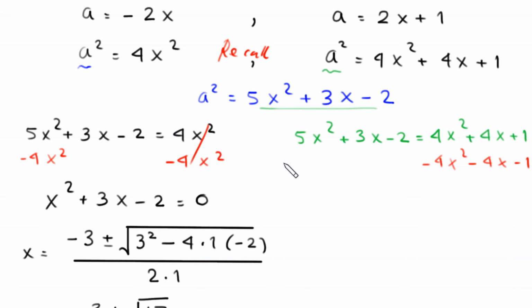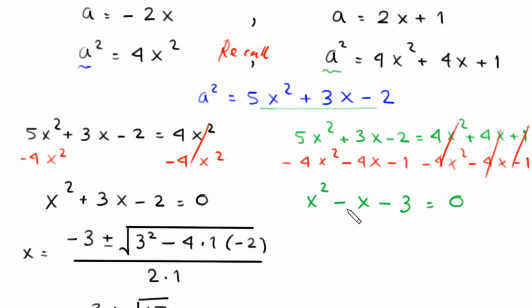From left hand side we subtract 4x squared, we subtract 4x and we subtract 1. So this cancelled out, and this cancelled out. At right hand side we are left with 0, and 5x squared minus 4x squared will become x squared. 3 times x minus 4x will become negative x, and negative 2 minus 1 is negative 3 equal to 0.